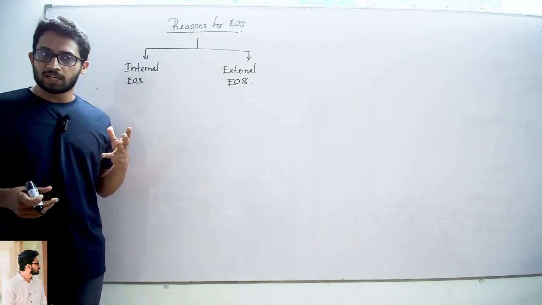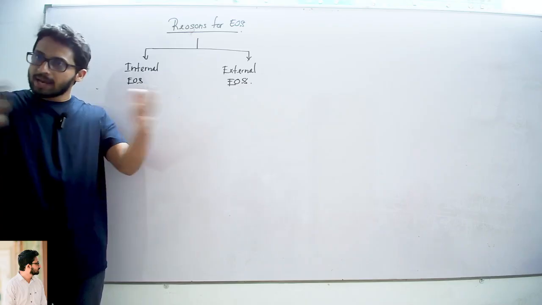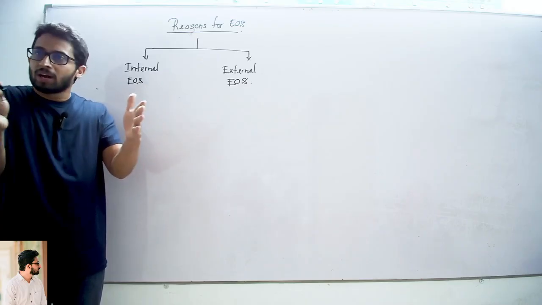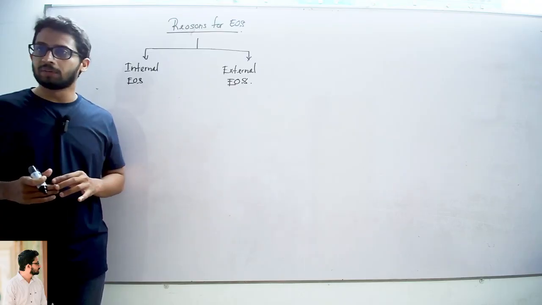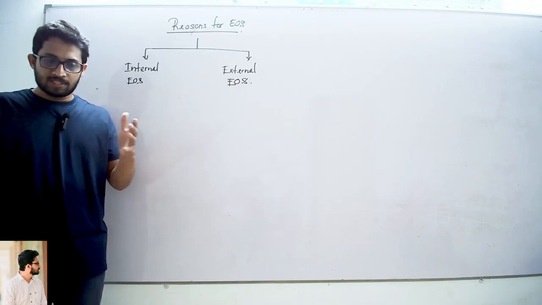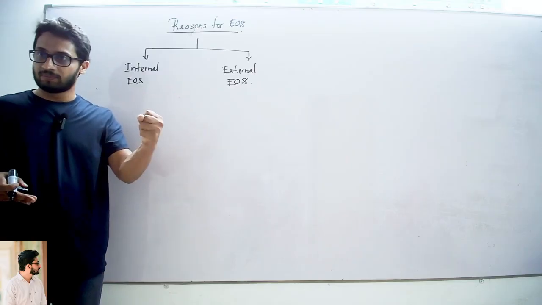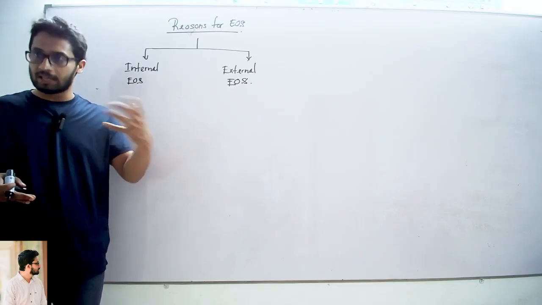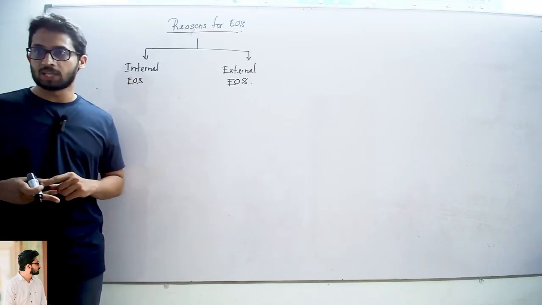They are advantages coming from expanding the organization itself. For example, if Unilever or Hemas expands its production capacity, from their expansion itself they can get some advantages. That is called internal economies of scale.